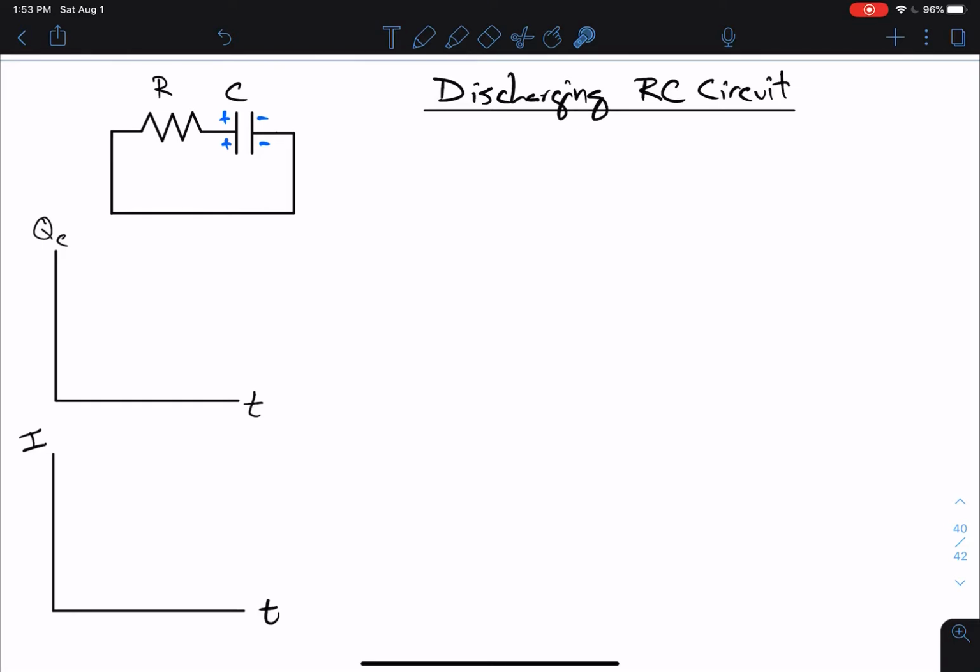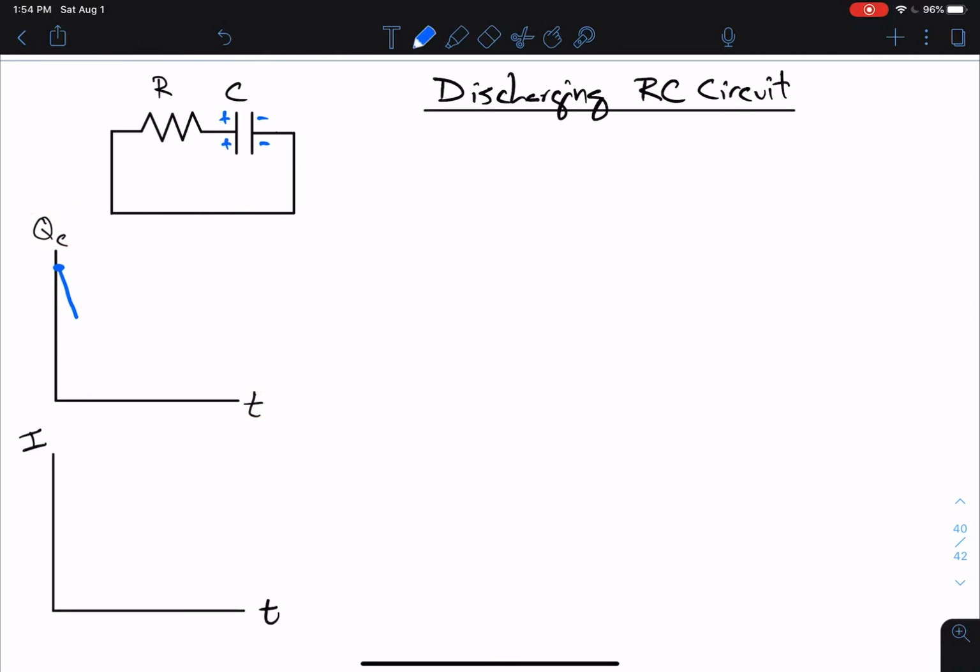And initially, there's going to be a lot of repulsion. And because there's a lot of repulsion to begin with, that means the current is going to be high. The charges are going to be pushed off quite rapidly. And so in our graph here, I've got a plot of charge of the capacitor versus time.